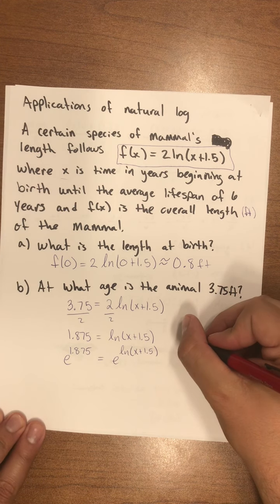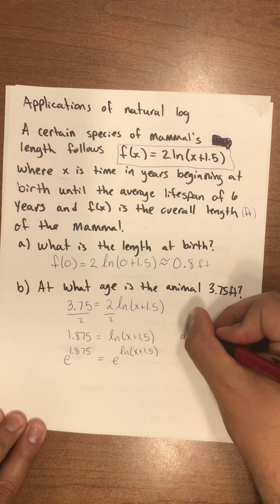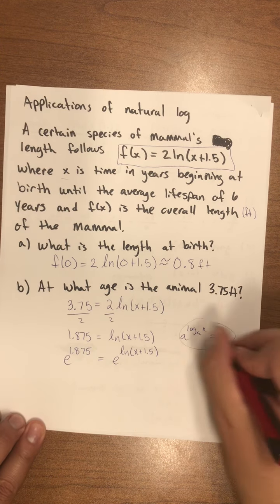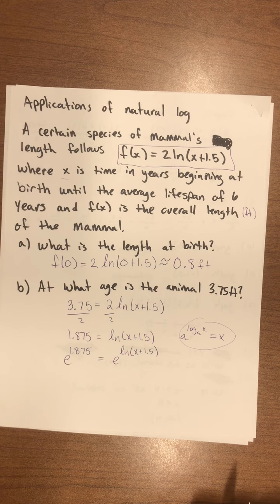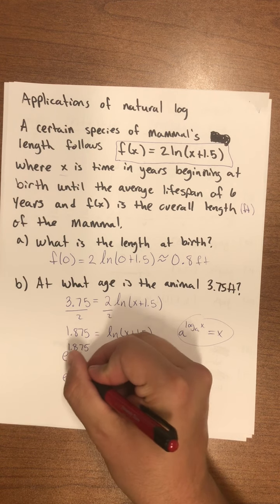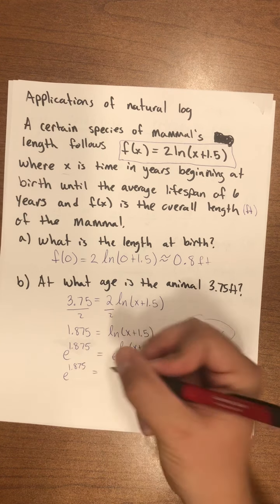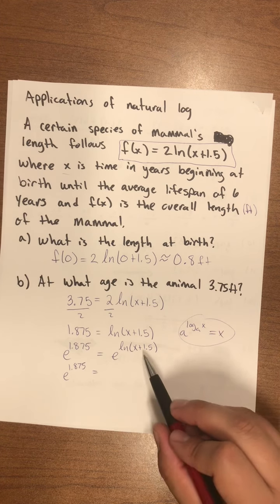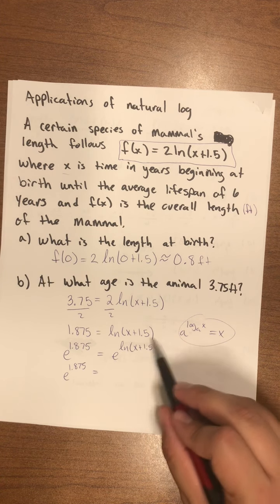Now, if we have a to the log base a of x, that just equals x. Remember that the logarithm and the exponential with the same base are inverses. So we have e to the 1.875 equals, and then since those are inverses, you're going to be left with whatever the argument up here in the logarithm is.